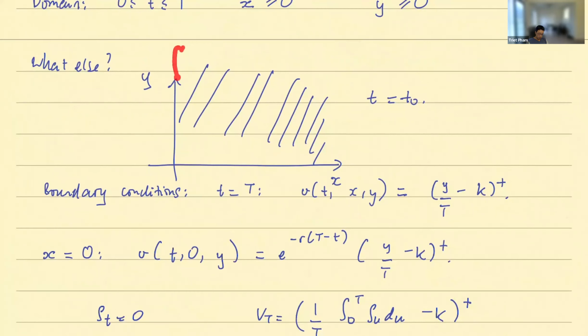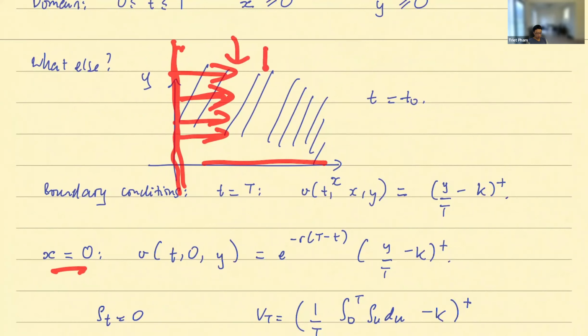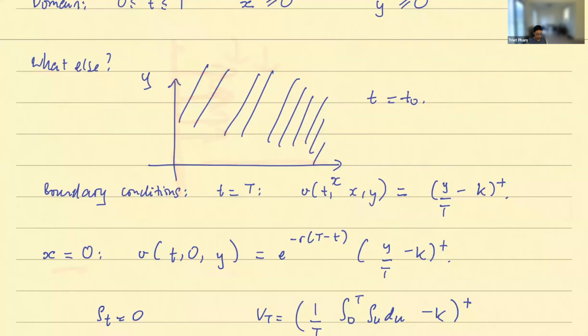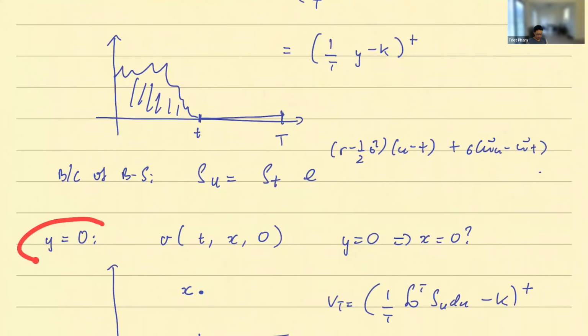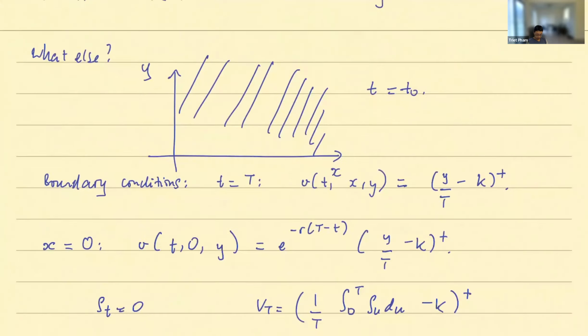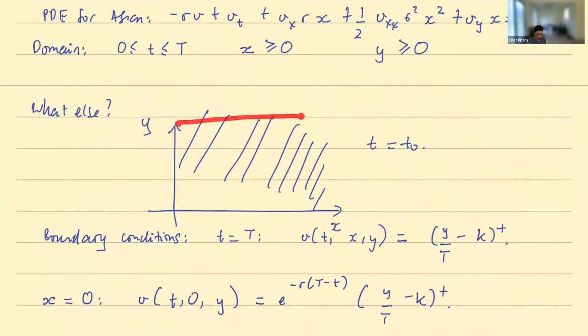The reason is you need boundary conditions to propagate information in. So you have information at x equal to 0, but you don't have information on the y. So you only have information propagating this way. You need information to propagate in the y direction too. Okay. So this is a difficulty, but on the other hand, it's absolutely needed that you have a boundary condition to solve the PDE.